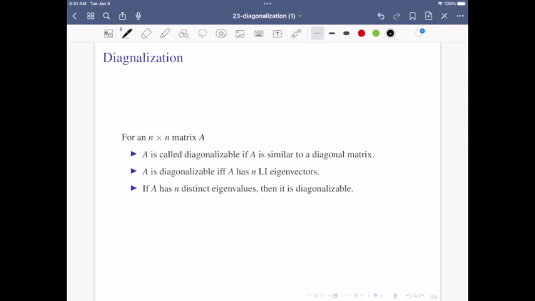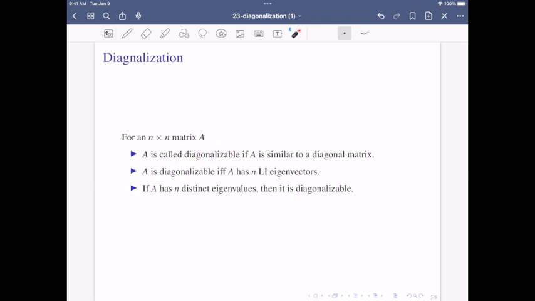So this is diagonalization. An n by n matrix A is called diagonalizable if A is similar to a diagonal matrix. And A is diagonalizable if and only if A has n linearly independent eigenvectors. We are not going to discuss this in more detail, but we want to know what we mean by diagonalizable.